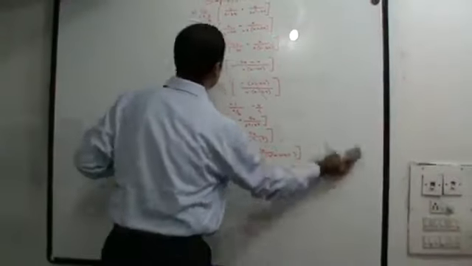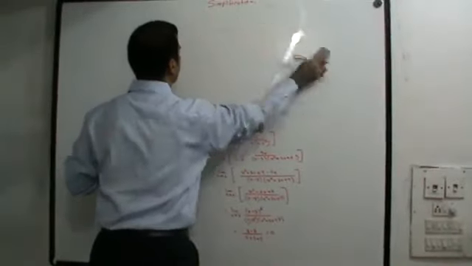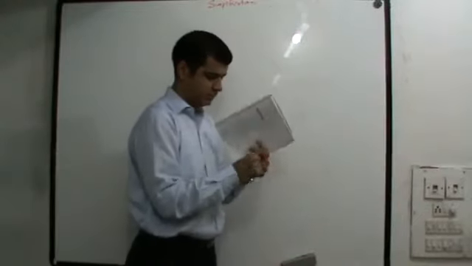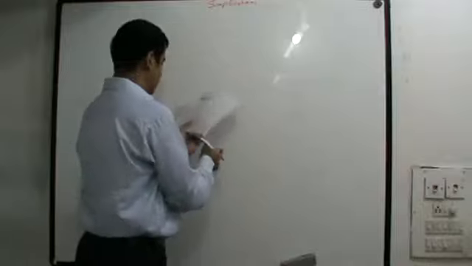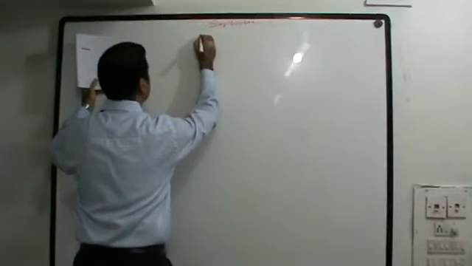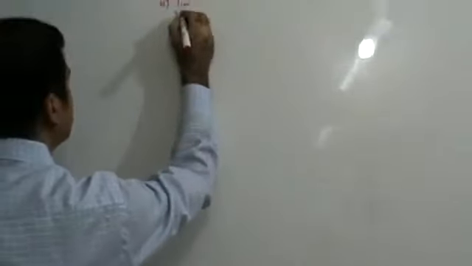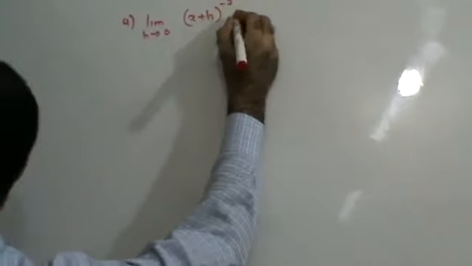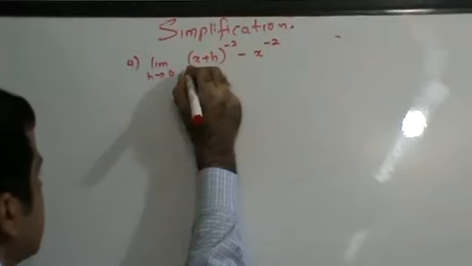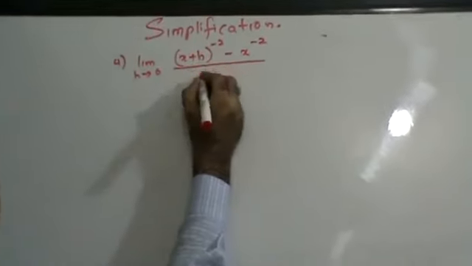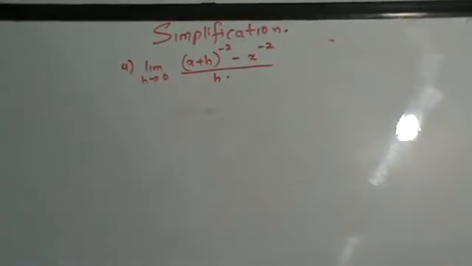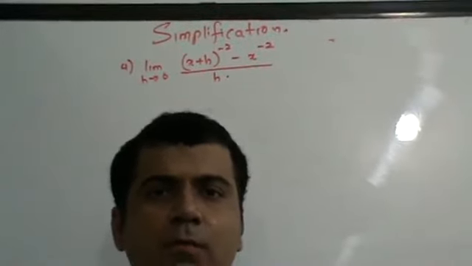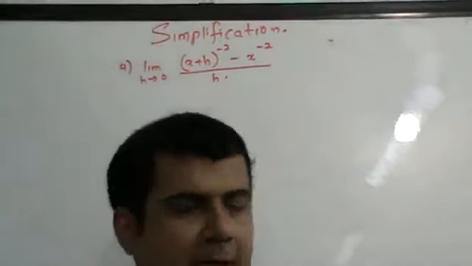Let's see one more sum of simplification type. Limit of h tends to 0, x plus h the whole raised to minus 2 minus x raised to minus 2, upon h. Now, whenever you have a negative index, the first thing you have to do is convert the negative index into a positive index.